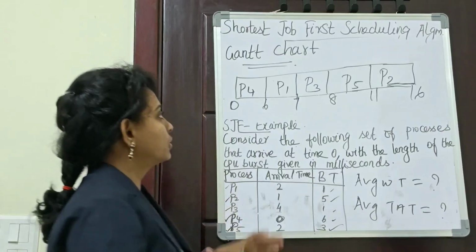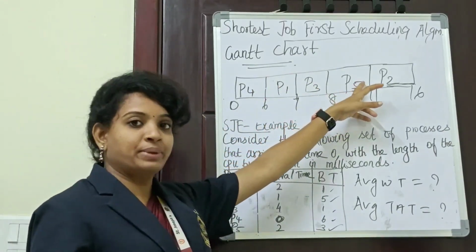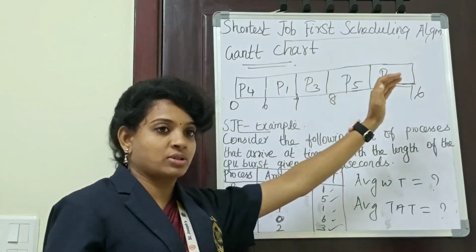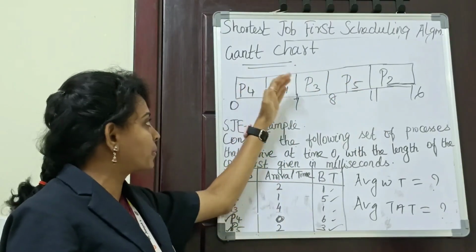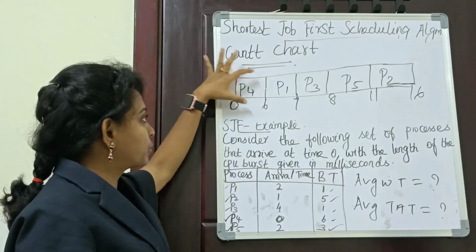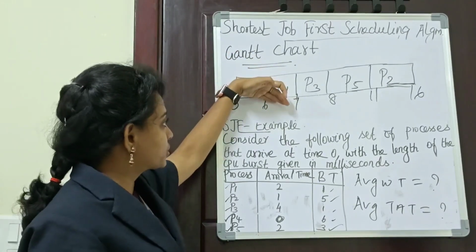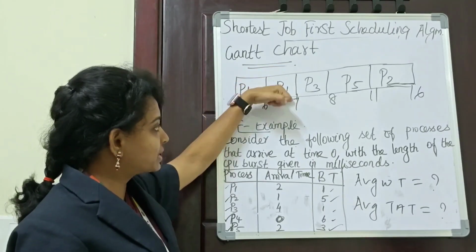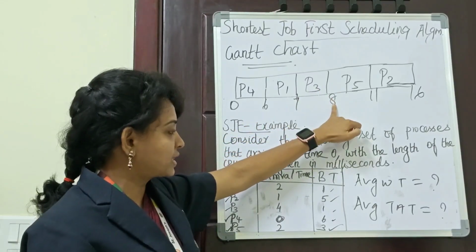Here you can see in the Gantt chart that the CPU is not in an idle stage. The CPU is continuously executing the processes, and each and every process is doing its execution. The P4 process comes in at arrival time and completes its execution at 6, the P1 process completes at 7, and the P3 process completes at 8.